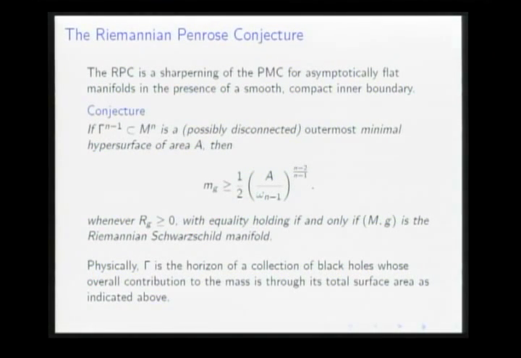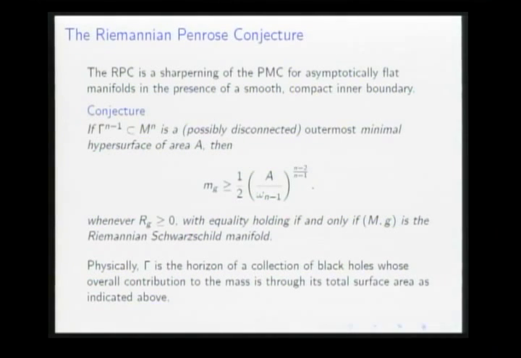So what is the Riemannian-Penrose conjecture? If you have a manifold here which is asymptotically flat, you have those decay conditions on the metric, and you have a boundary which is outermost and minimal, of area A, then the mass has to be greater than or equal to this power of the area.